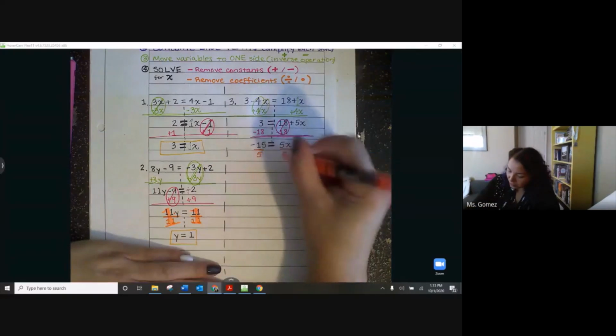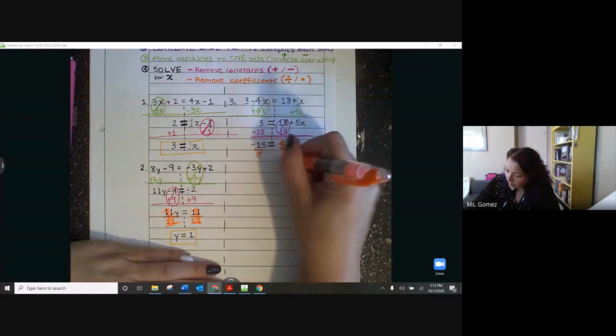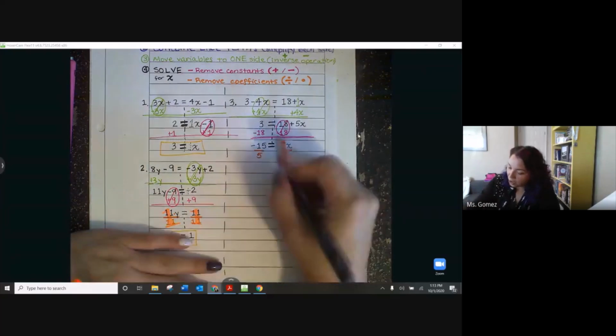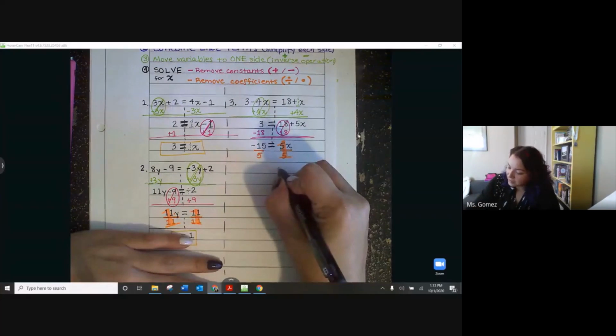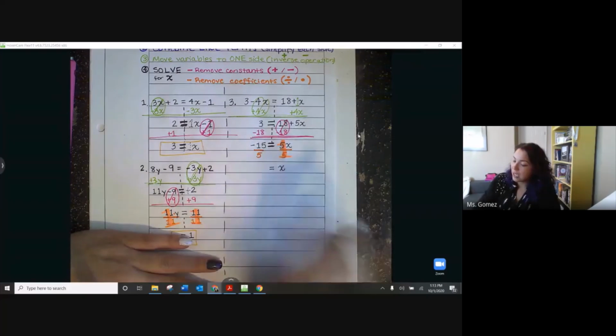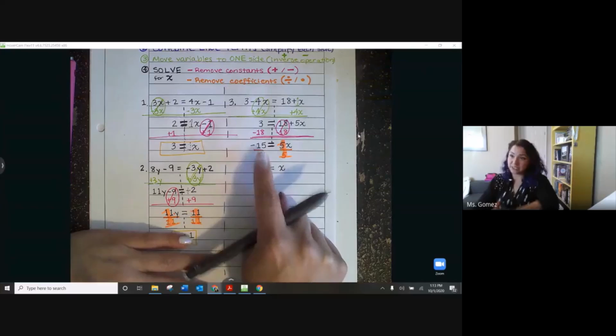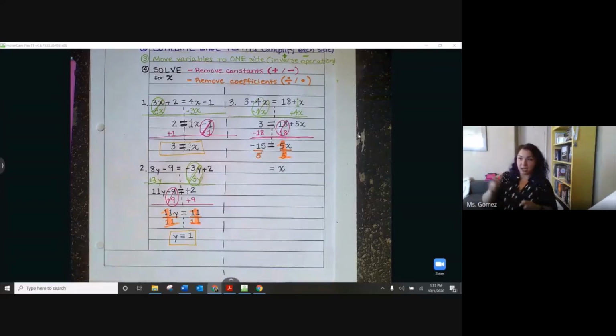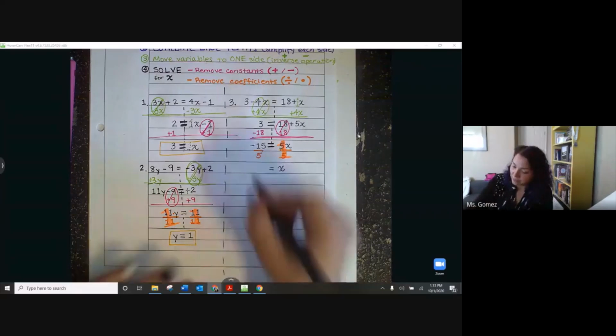Good job. All right. So that means that all I have remaining on the right side is my x. Here's my equal sign. And what's negative 15 divided by 5? Negative 15 divided by 5. Negative 3. Okay, good.